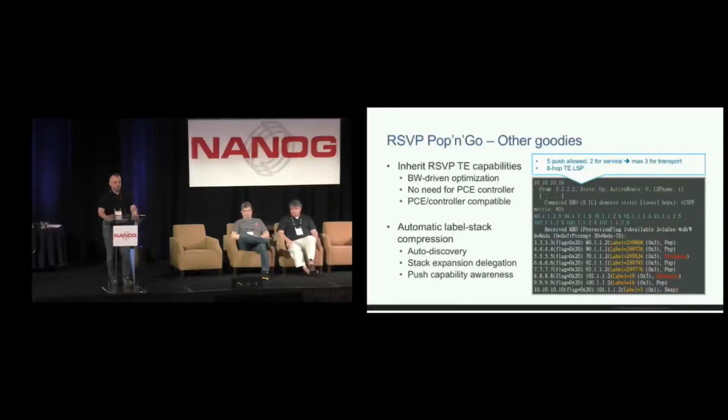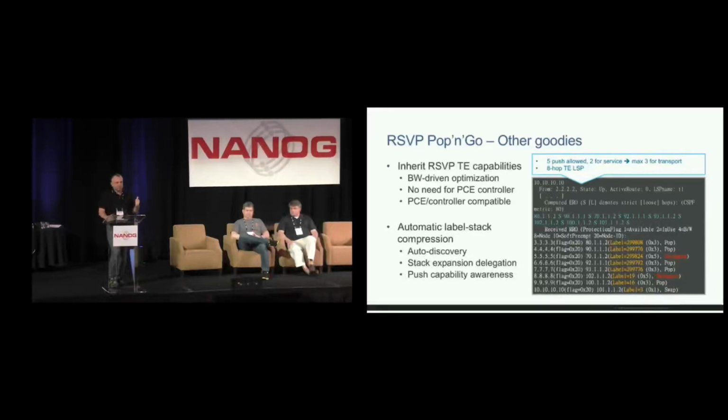The option is for a node on the way to act as an agent and take delegation of the stack expansion. One of the challenges is how to find it. And RSVP, because it creates the state and every node on the way is exposed to the control plane, this extension allows us to auto-select and delegate Pop and Go.